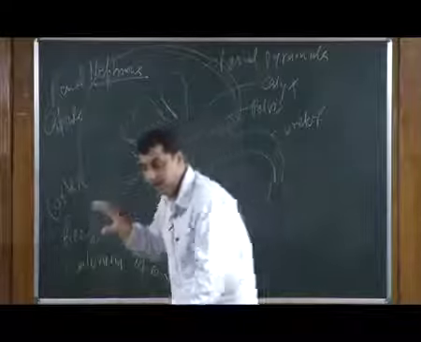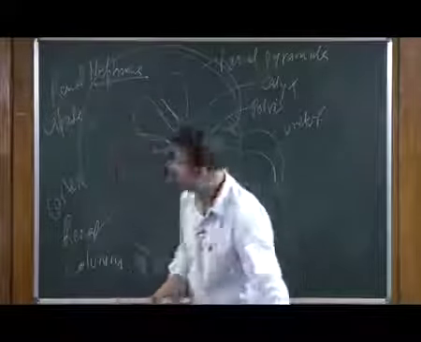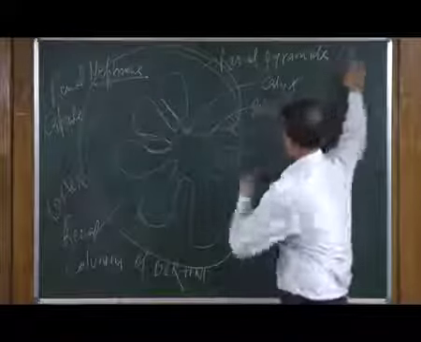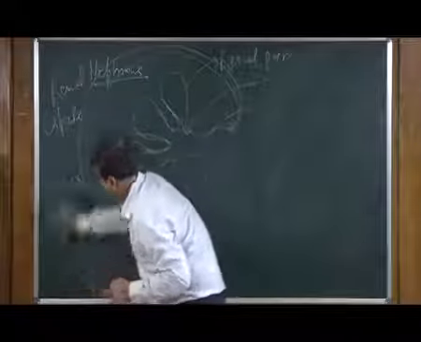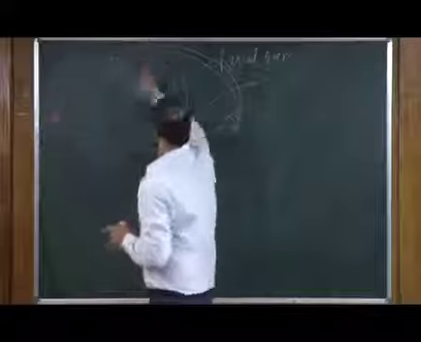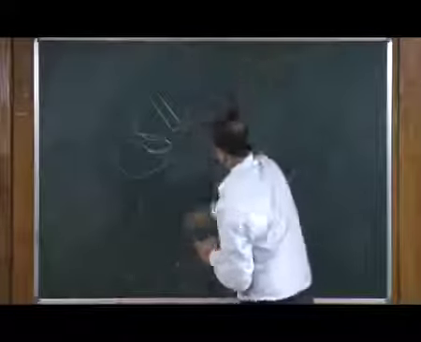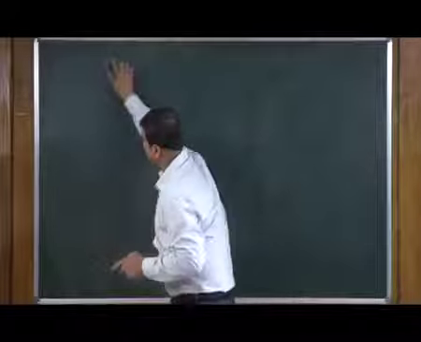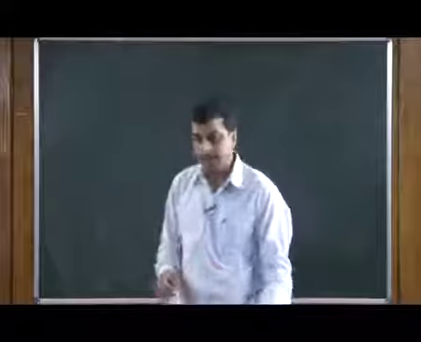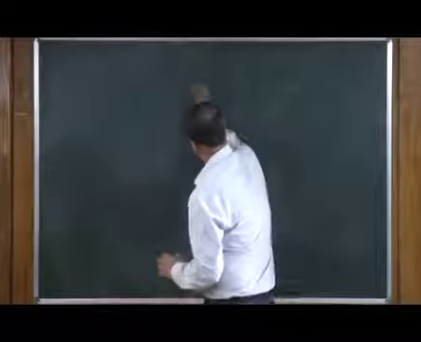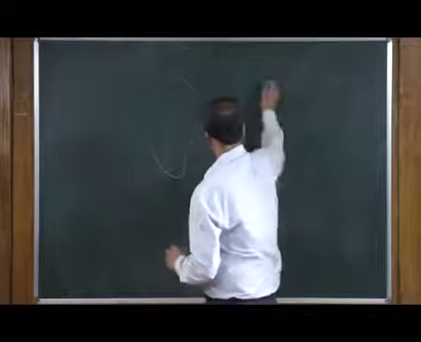We will now discuss a specific structure in the kidney, and that is the nephrons. But before going to nephrons, we will discuss a very important structure associated with the kidney, and since it is associated with the kidney, it came to my mind.